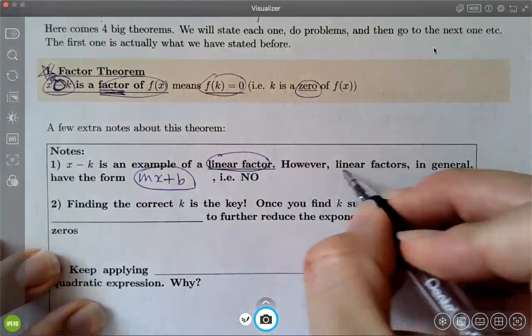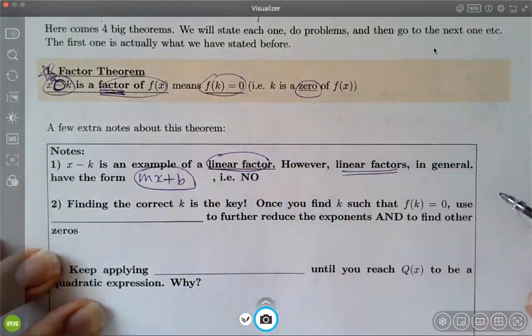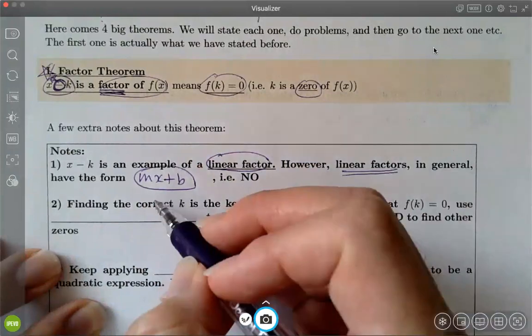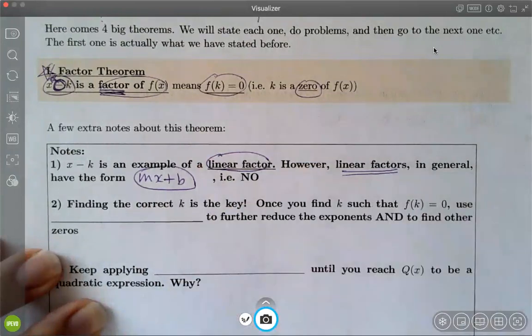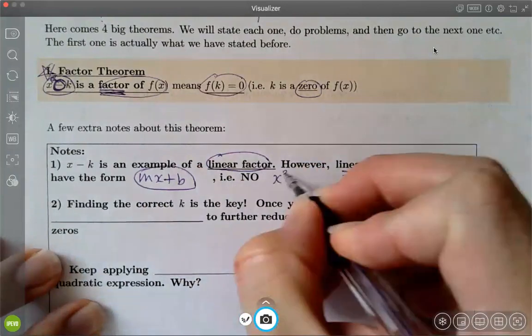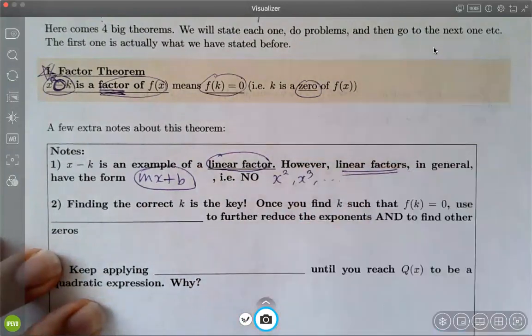You can see why it's called linear: mx plus b is the slope-intercept form, which makes sense for a line. So whenever you see the word linear factor, it means there are no higher powers of x, like x squared, x to the third, and so on. You only see x to the first power.